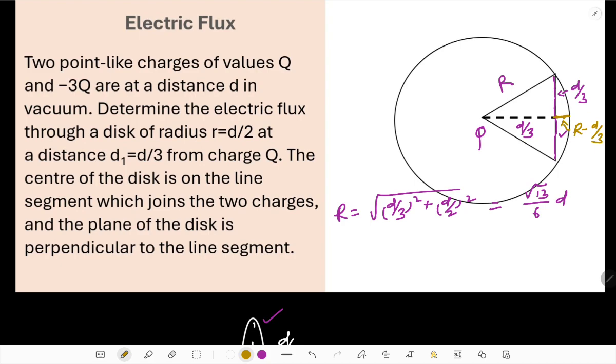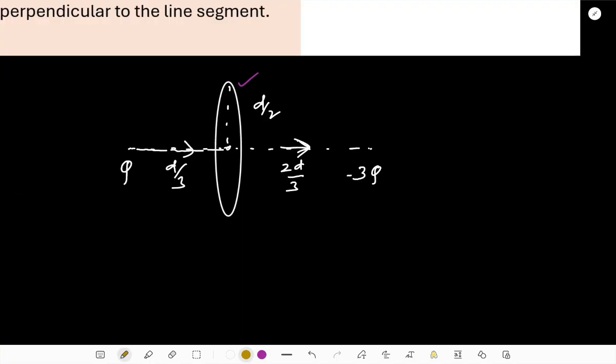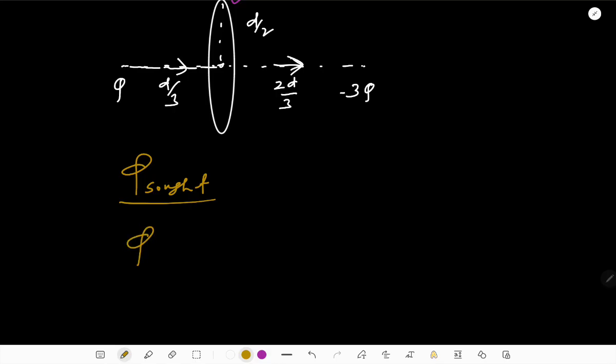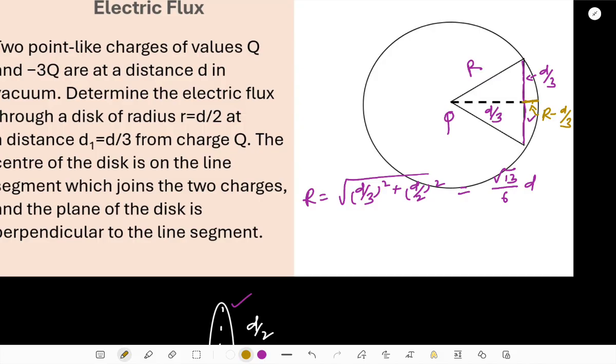We earlier prepared a ratio: the flux passing through the base of the cone, which we need to find, divided by the total flux covering the whole sphere, whose center is where the point charge q is sitting.